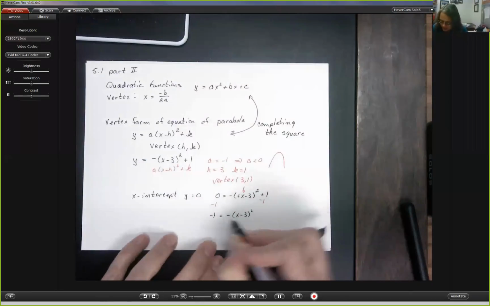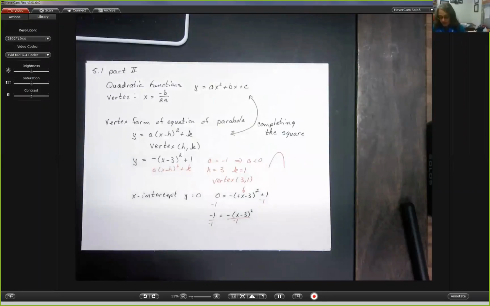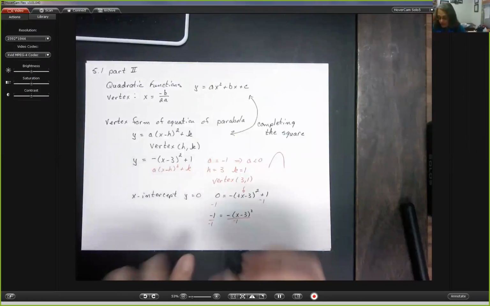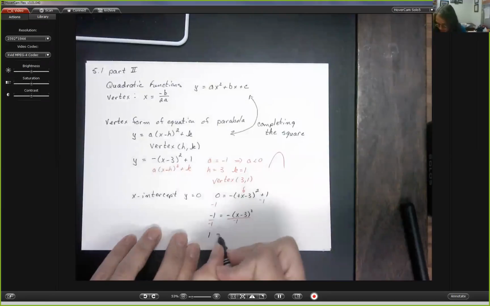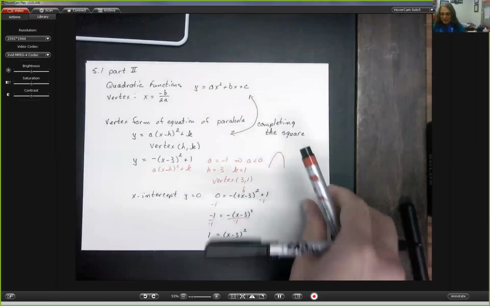So I'm going to get rid of that negative sign by dividing both sides by negative 1, or multiplying both sides by negative 1. Turns out to be the same thing. I end up with 1 equals x minus 3 squared. Now comes the magic.